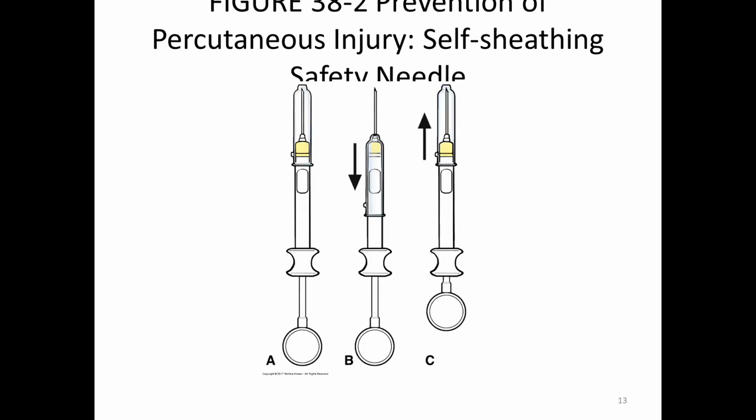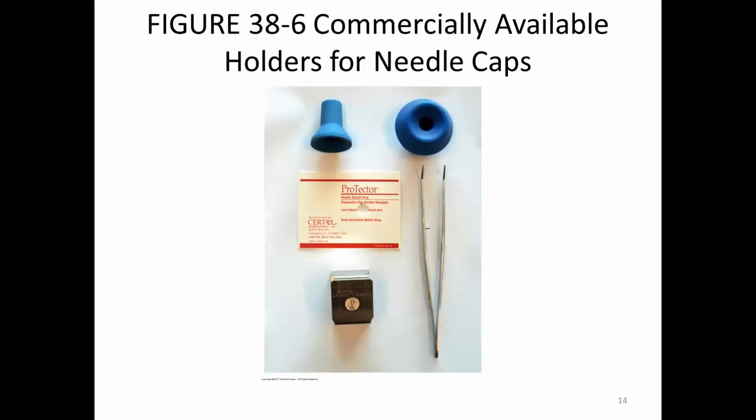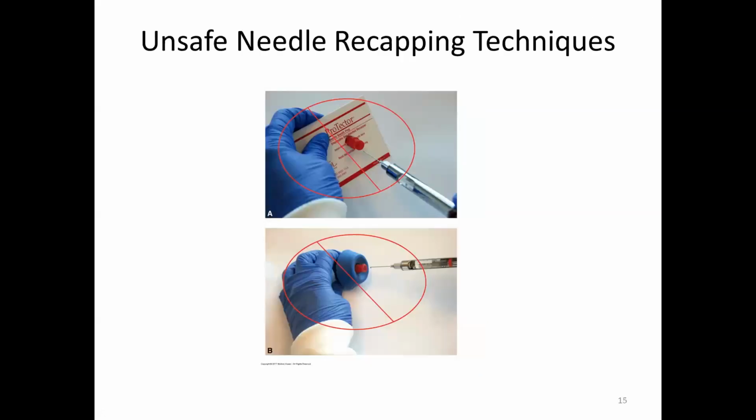So we looked at the self-sheathing. This is some of the armamentarium that most offices will have. They'll either have something similar to the blue, which you put the cap in, and the cap sticks straight up, and then you can put the needle into the cap. We at the MEC have these paper barriers, but you need hemostat or cotton forceps to be able to take things apart. We don't want you using your fingers whenever possible, all right?